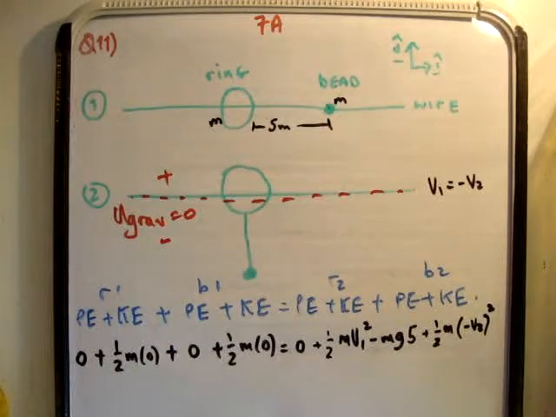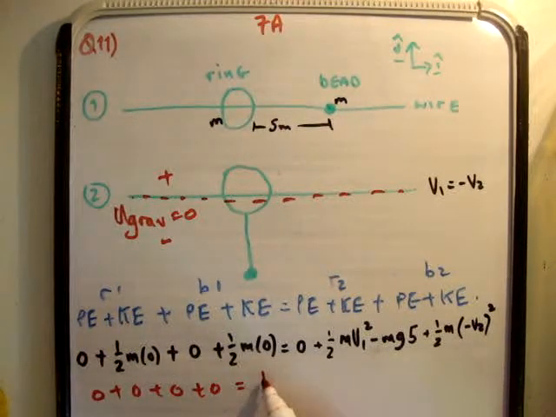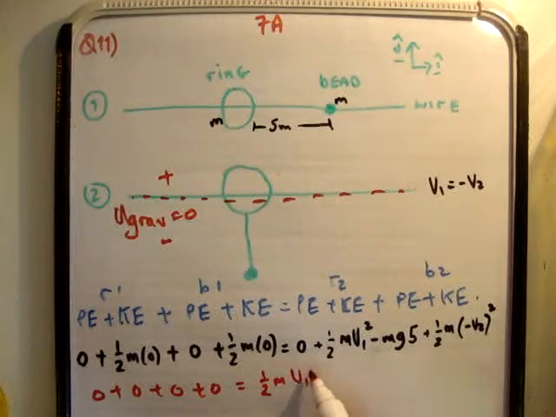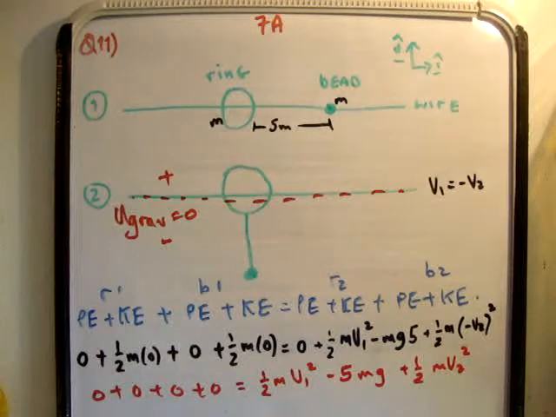So let's see what we have as a result of that. We have 0 plus 0 plus 0 plus 0 is equal to half mv1 squared minus 5mg plus half mv2 squared. We're going to cancel across our m's because we no longer need those.